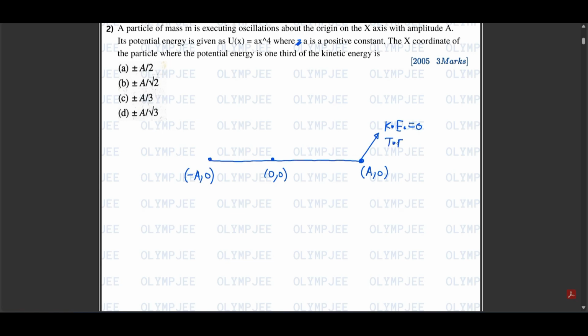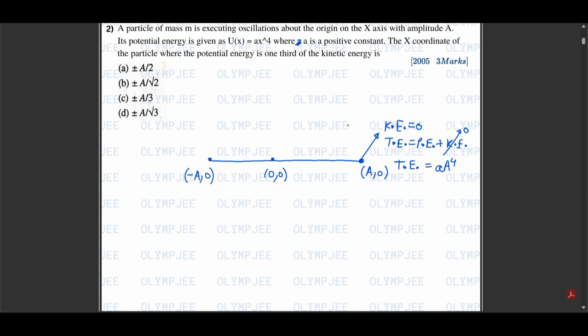So total energy is equal to potential energy plus kinetic energy, and kinetic energy is 0. So total energy consists only of potential energy at the extremum. And potential energy we know is a multiplied by x raised to the power 4. So total energy will become small a multiplied by capital A raised to the power 4.